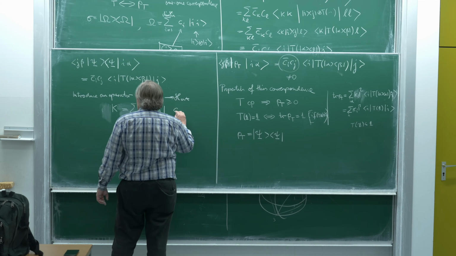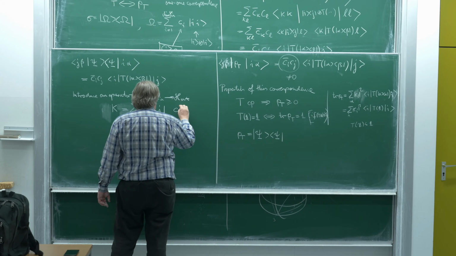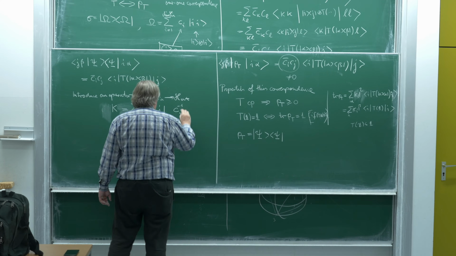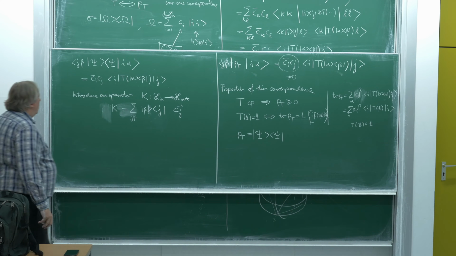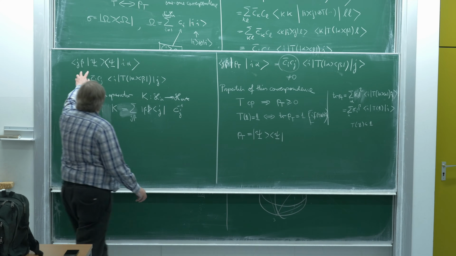And I take C_j minus 1, that's invertible, and the psi.